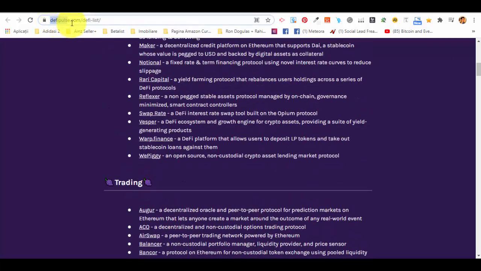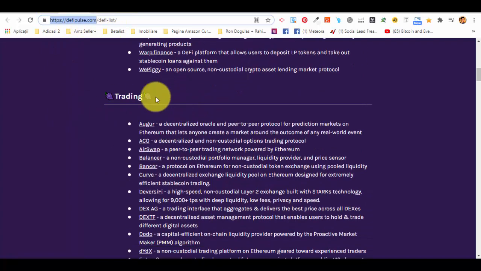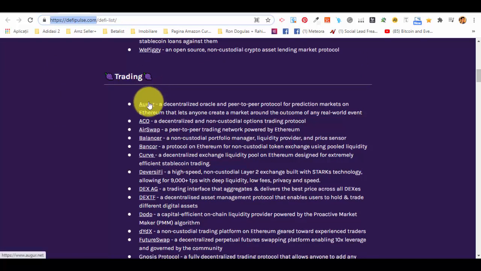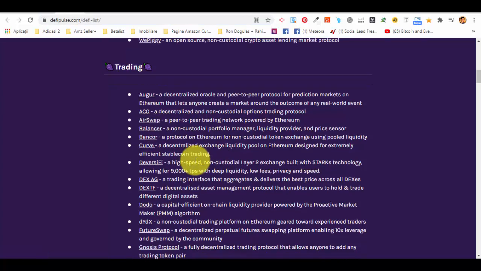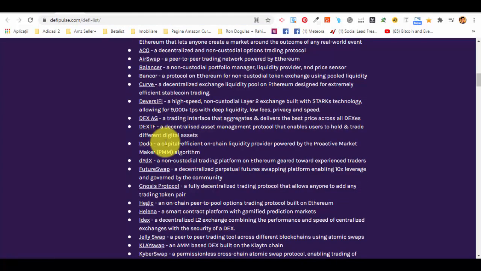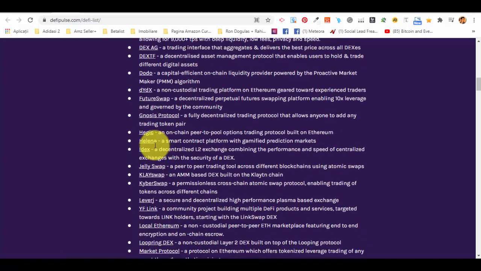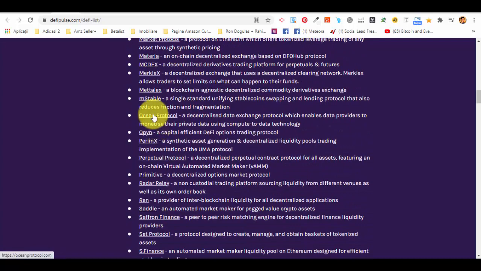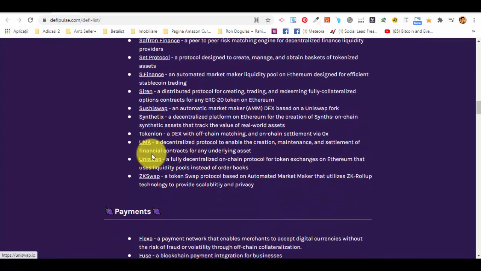So dfipulse.com, this is the platform where you want to go. We have decentralized finance for trading: Balancer, for example, which is a pretty cool platform, and Dodo, which is growing a lot lately from what we know, and others as well.